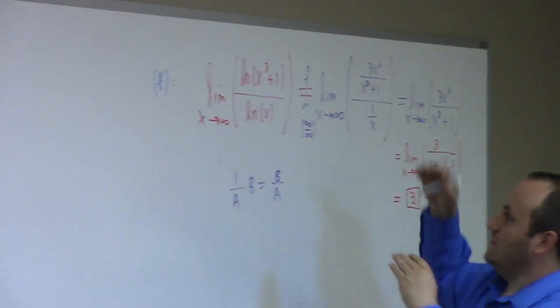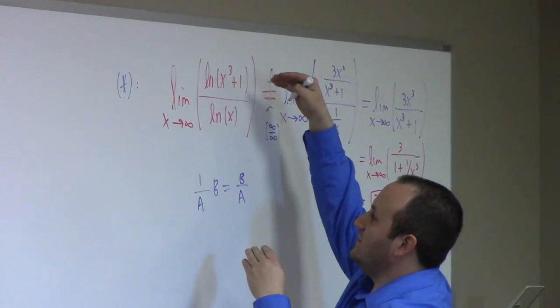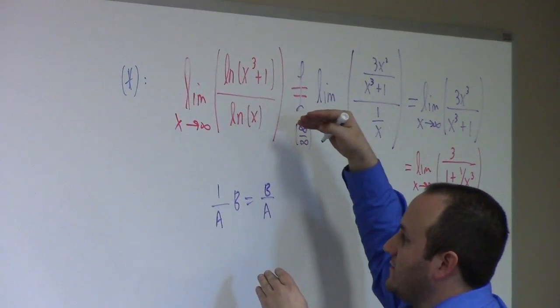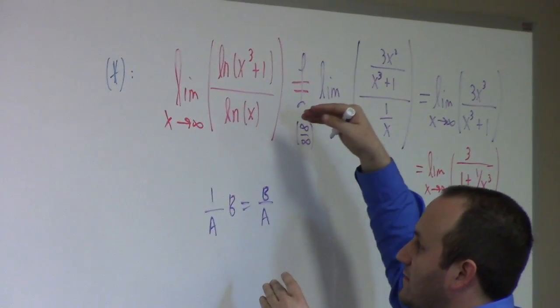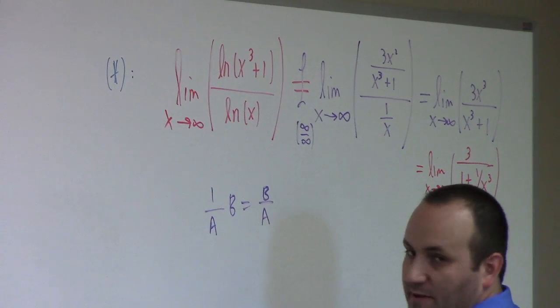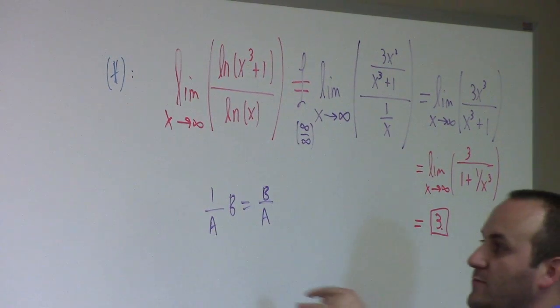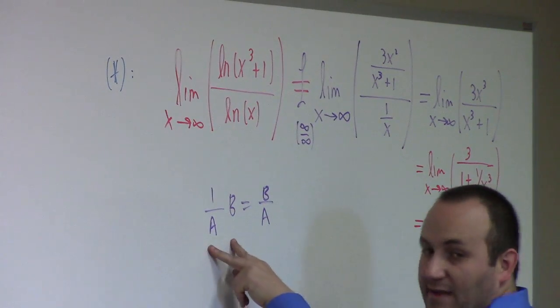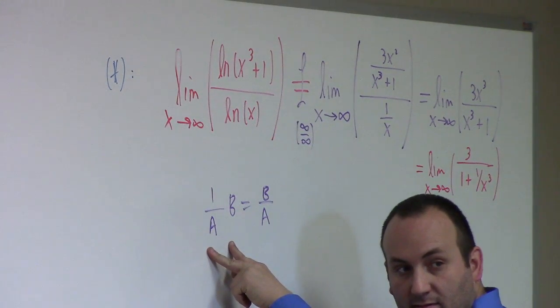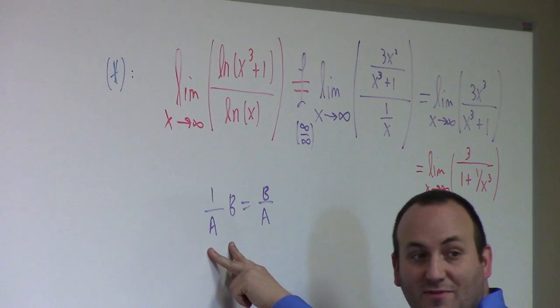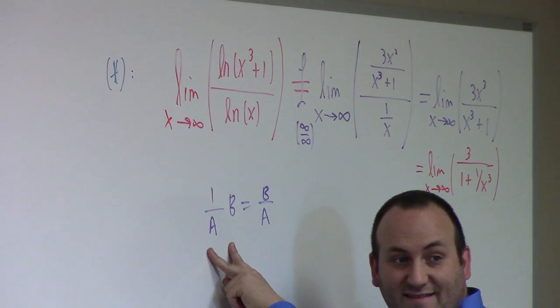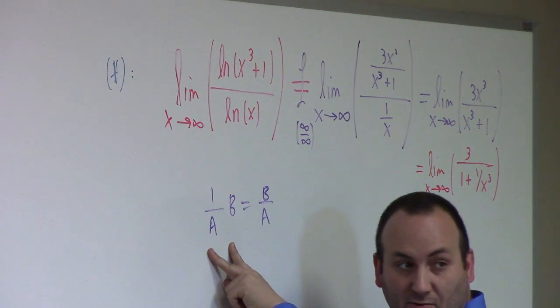So star is the limit of log of x cubed plus 1 divided by log x. And I told my earlier section that I lose about 30% of Math 126 here by making this step, because they are not aware of the fact that 1 over a times b, you laugh, but this is a significant thing to not know.